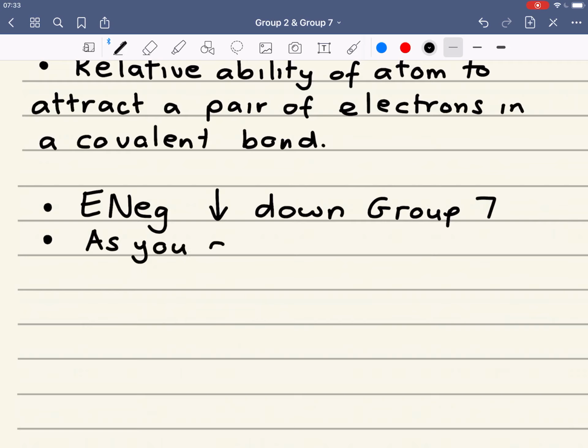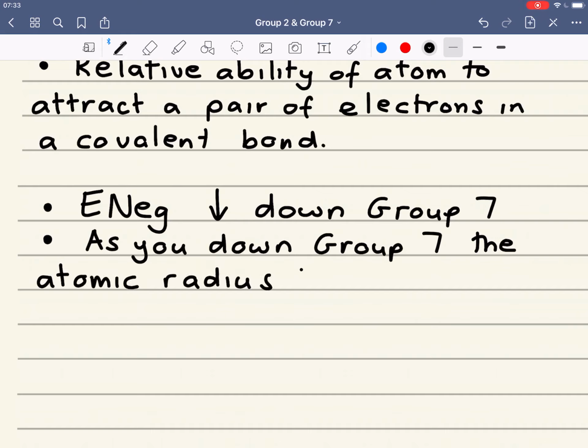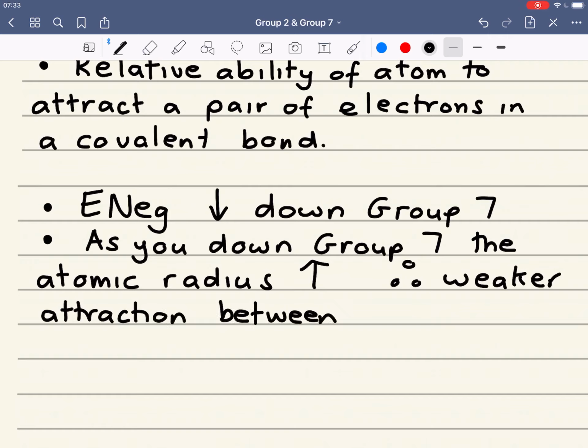As you go down group 7, the atomic radius increases, and therefore there is a weaker attraction between the nucleus and the shared pair of electrons, or the bonding pair of electrons.